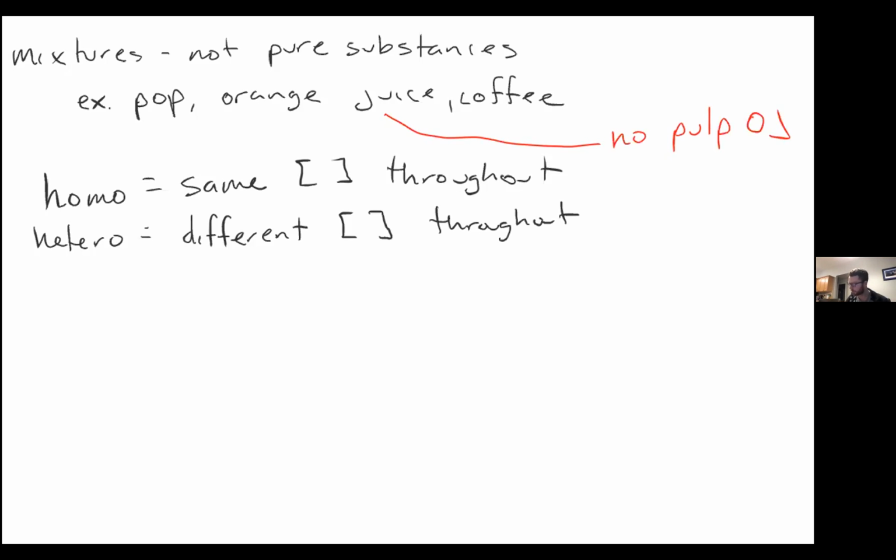So pop would be a great example of a homogeneous mixture. Okay, because we cannot see the individual parts within pop. Okay. And coffee, if you let your coffee sit for long enough, eventually some of the coffee grinds will precipitate to the bottom. So that would be another example of a heterogeneous mixture.